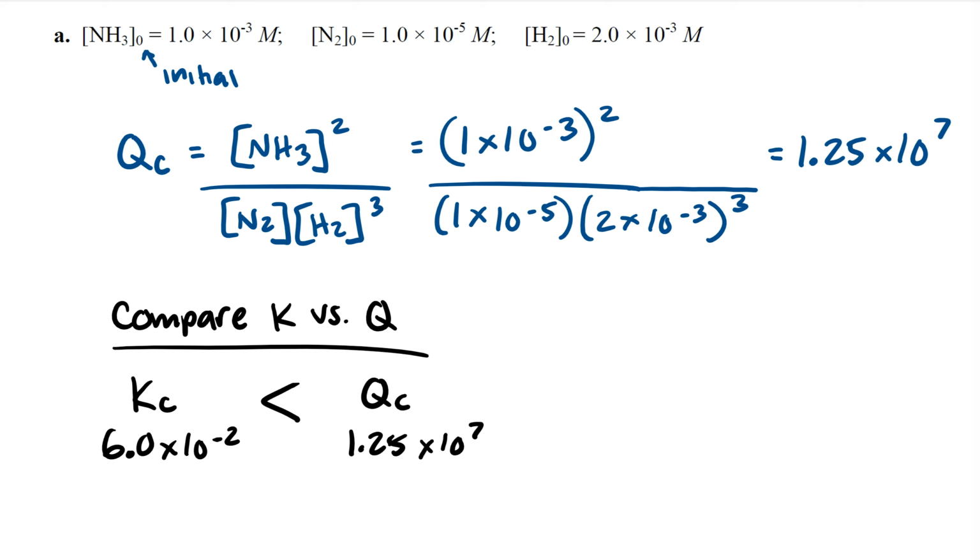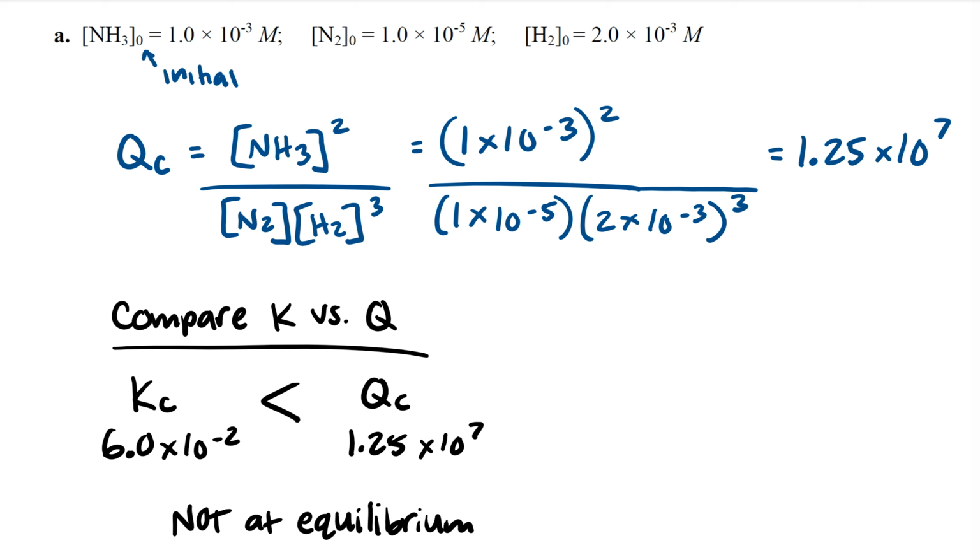So because, first of all, they're not equal to one another, this is not a system that is at equilibrium. So the system is going to proceed in a certain direction in order to establish equilibrium, in order to make Q equal to K.